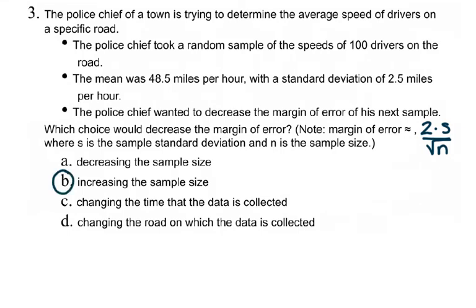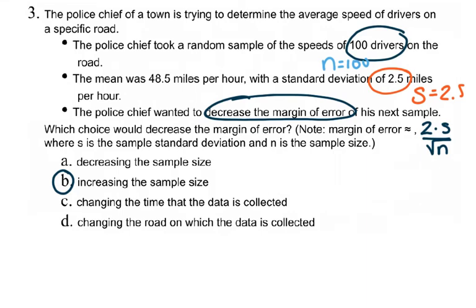Okay, so stuff to pay attention to. Random sample of 100 drivers, so that's your N. Standard deviation up here, that's your S. And you are definitely trying to decrease the margin of error. So which one would decrease it? The answer is going to be increasing the sample size.